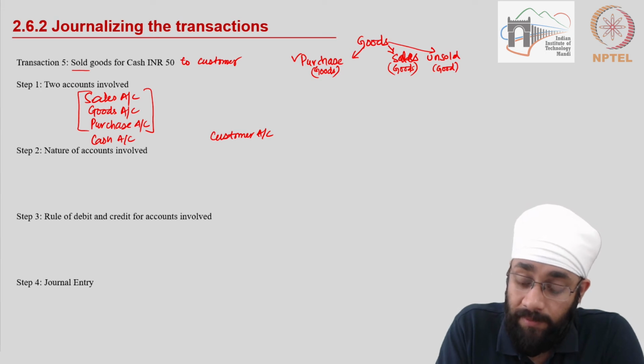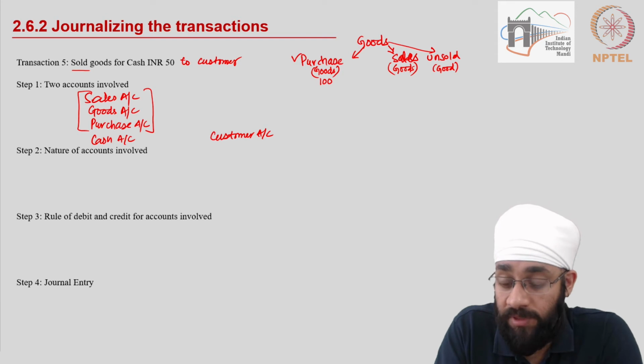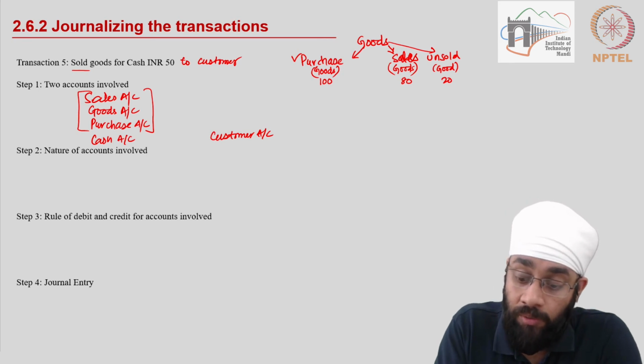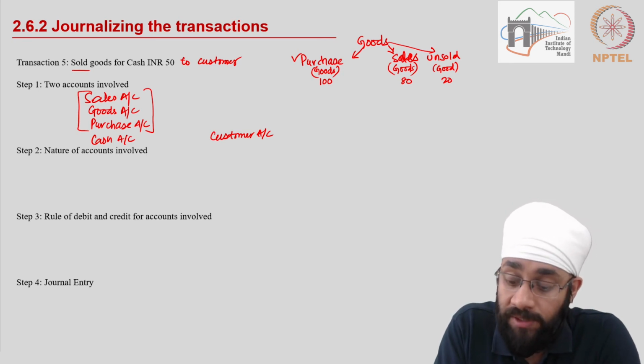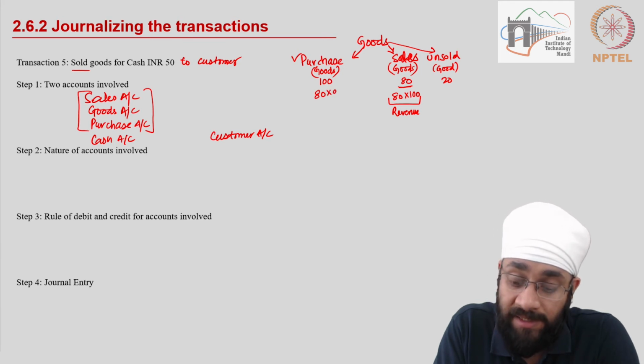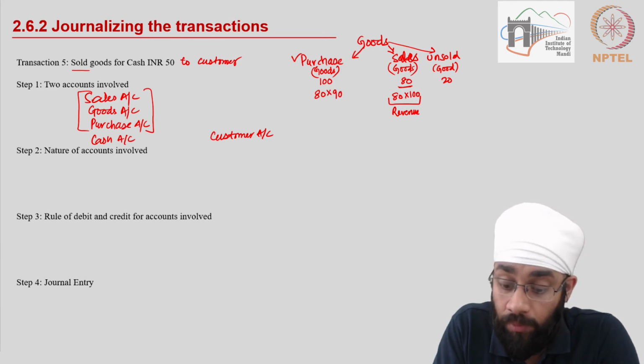And I've explained this earlier as well. 100 units can be, say, purchased, and then you're able to sell only 80 out of these, so 20 are remaining. So the 80 units which are sold are sold at, let's say, 100 each. This becomes your revenue. These 80 units were purchased at, let's say, 90 rupees.